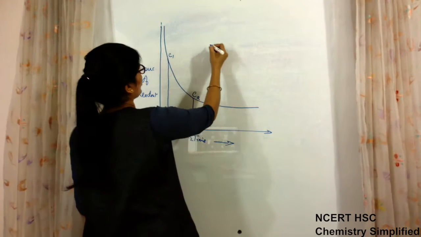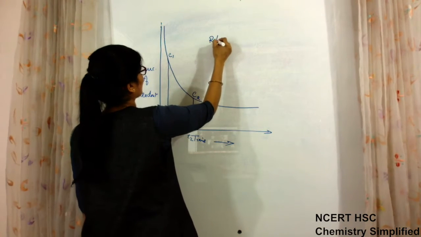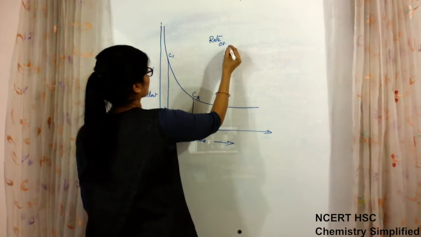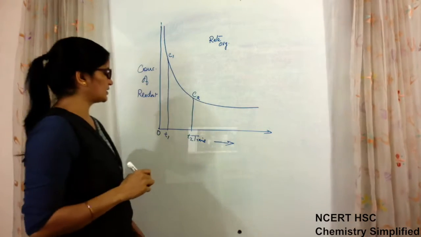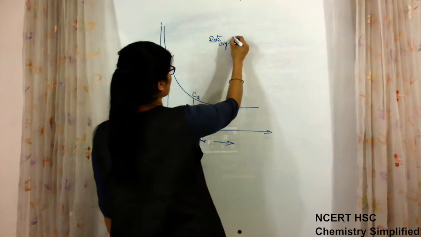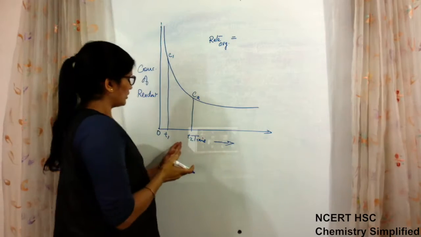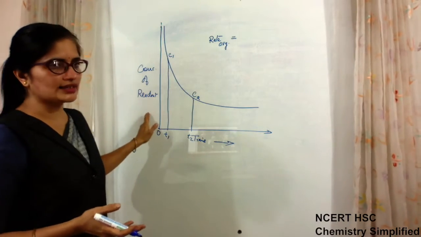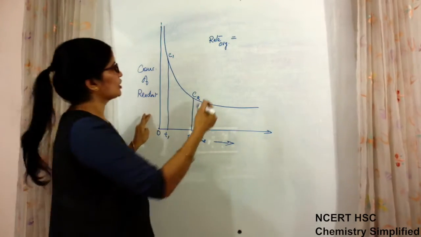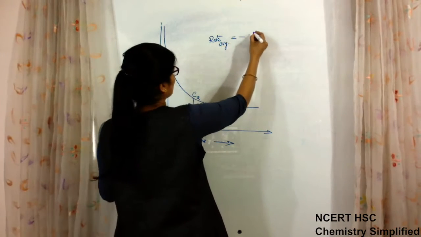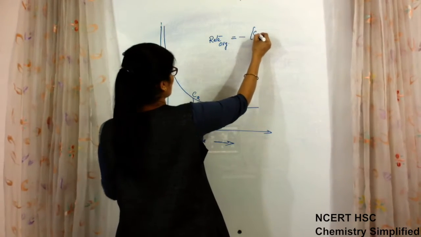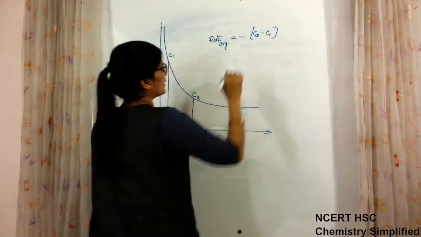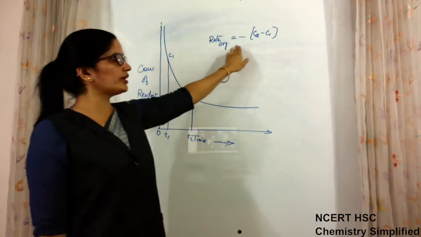Now, if we want to find the average rate, we can find it out as follows. Because it is the concentration of reactants and it decreases with time, it will have a minus sign, and then C2 minus C1. Finally, you will see that this value will come positive.